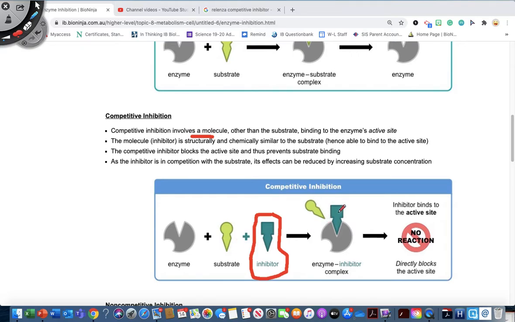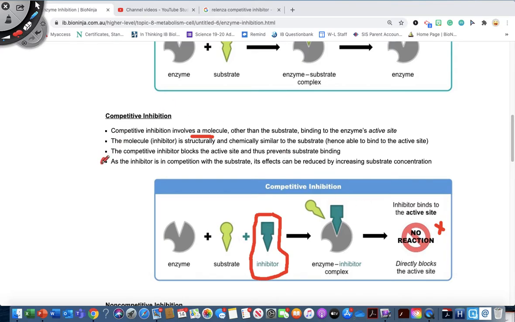So it kind of kicks it out. So the competitive inhibitor is going to block the active site, so then you get no enzyme substrate complex. Instead, you get an enzyme inhibitor complex. And that means that there is going to be a blockage of the reaction. The reaction is not going to take place as a result of the inhibitor.